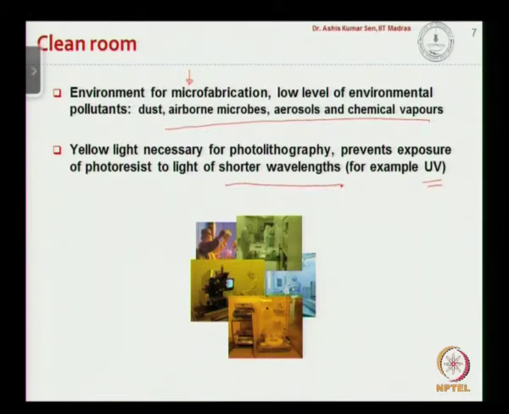That is required because inside the clean room we use UV light to selectively expose and harden the photoresist. So in order to keep the photoresist from getting exposed to UV light while spinning, or before we expose, we use yellow light.